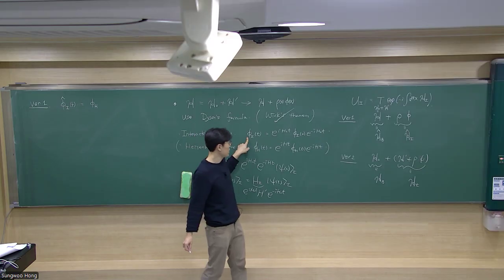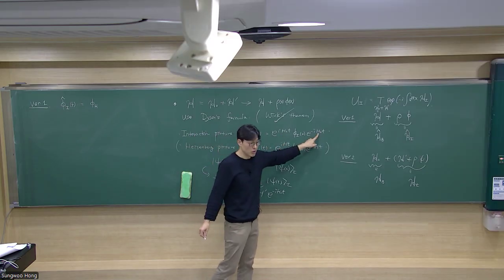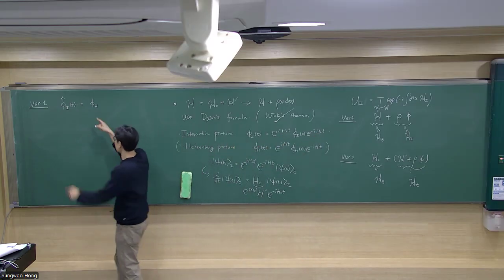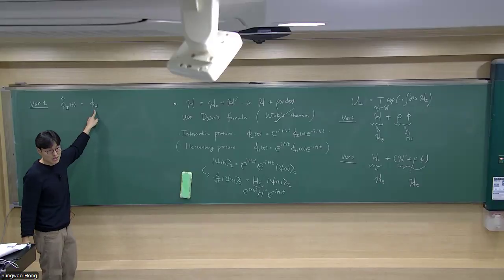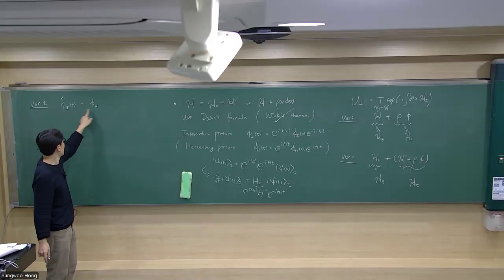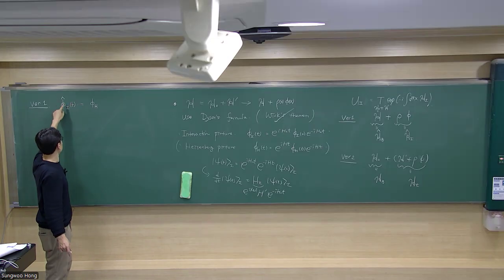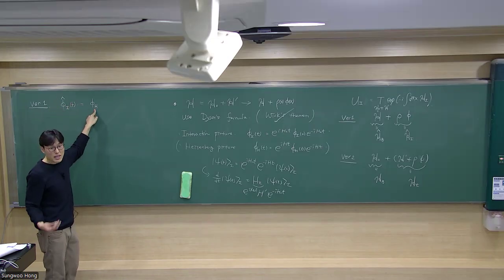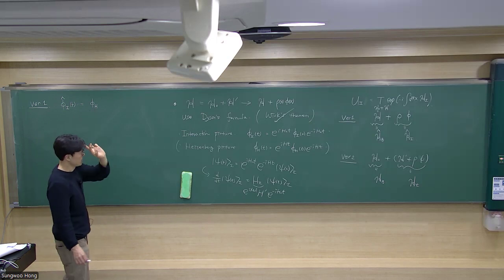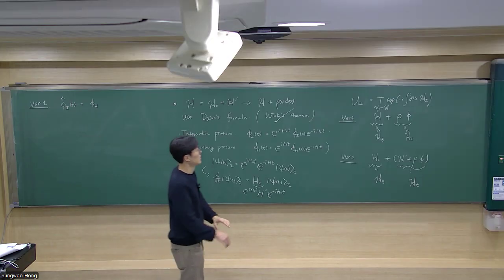But here, the base Hamiltonian is the full Hamiltonian, other than the rho part. So in this first version of the analysis, the interaction picture is the same as the full Heisenberg picture operator. Is that clear? Okay, very good.